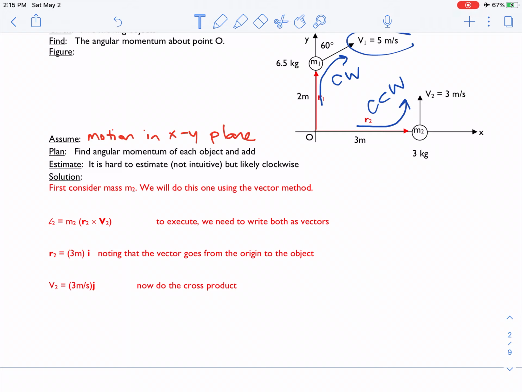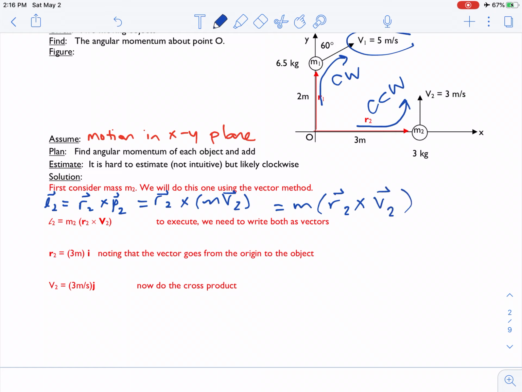So we are trying to find L2, which is R2 cross P. P is M times V2, and M can be taken out, so this becomes M times R2 cross V2. This is where it comes from.